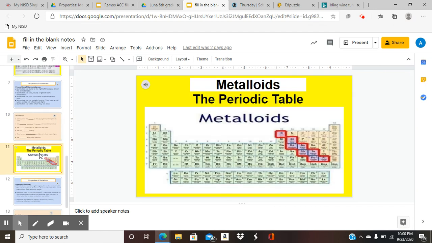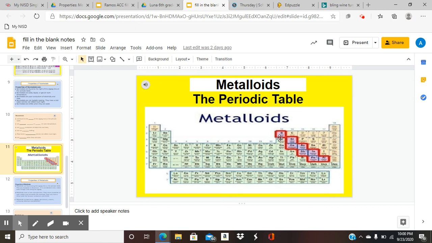And last, the metalloids. I love the metalloids because they are in the middle, on the zigzag line. You can see how they're aligned in red, and they can't make up their mind. They want to have some physical properties of a metal and some physical properties of a nonmetal.